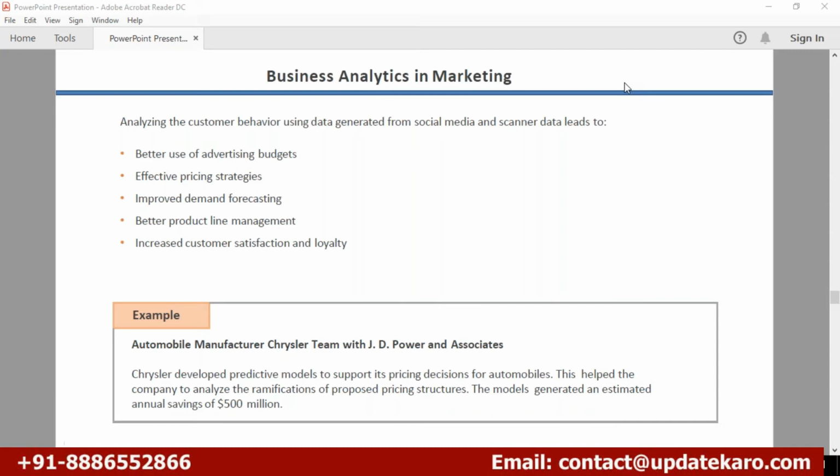Let us say, for example, you are selling a product for 100 rupees, and after 2 years, competitors have entered the market and they're selling the same kind of product with the same functionality and, of course, a little bit of change in the design.